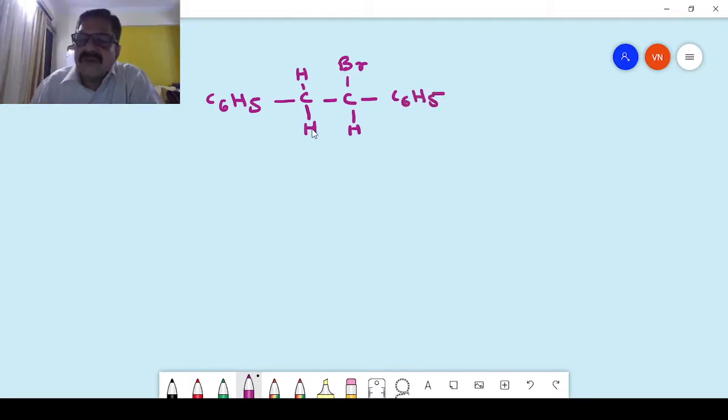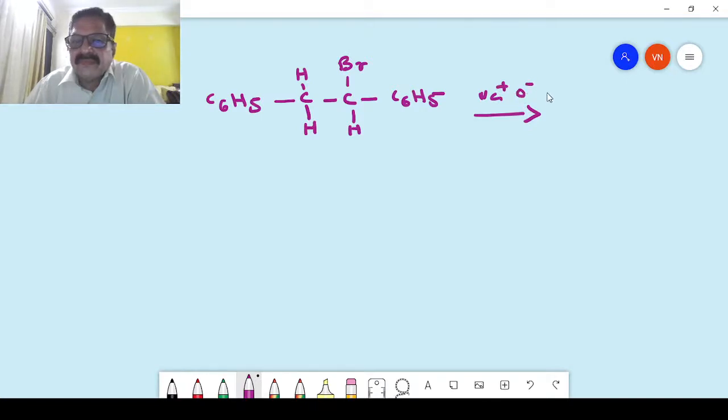This is treated with sodium alkoxide, with the ethyl group here. So this is the dehydrohalogenation reaction of this alkyl halide.